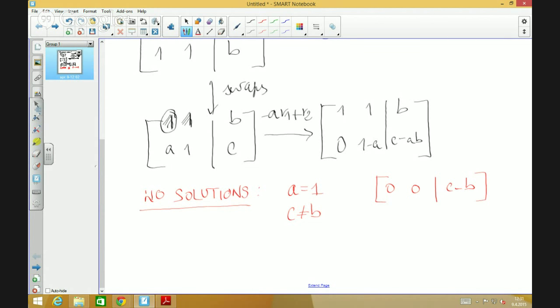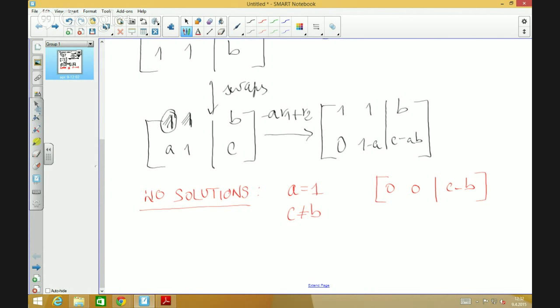And that's when your spider senses immediately tell you no solution, because this row corresponds to an equation 0 times x plus 0 times y equals something which is not 0. 0 equals something which is not 0. That's not possible. So if A is 1 and C is different from B, then there is no solution. Do we all agree with this?